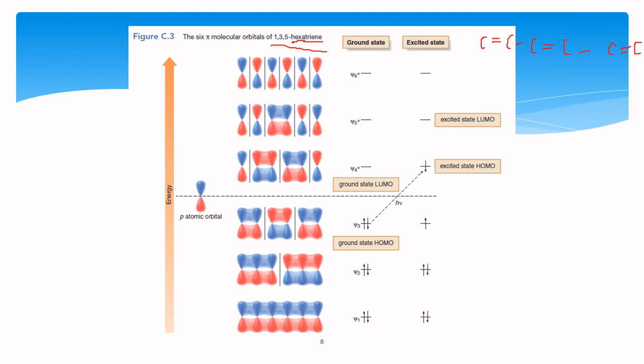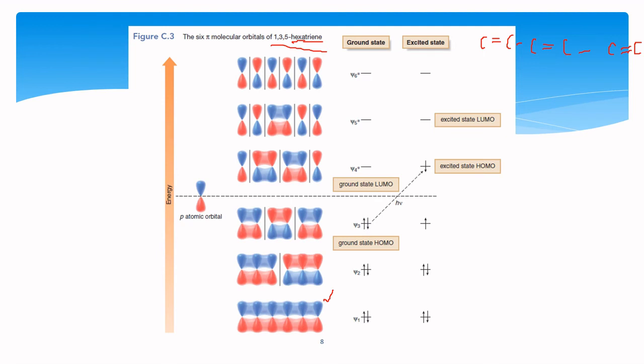Okay, in this case, because it has 1, 2, 3, 4, 5, 6 carbons, the triene has 6 p orbitals. So in the bonding region, we have 6 orbitals overlapping.